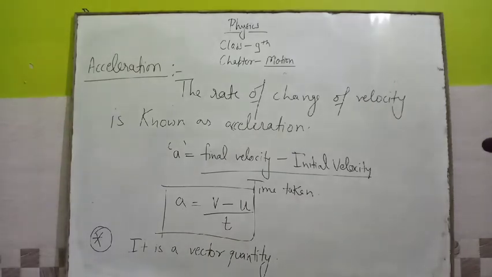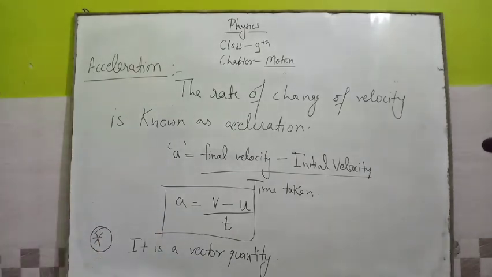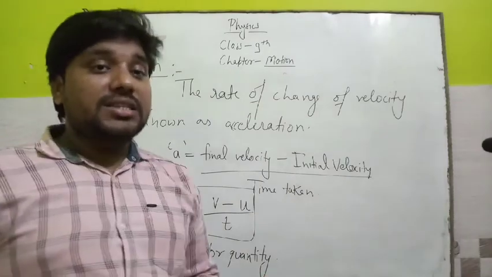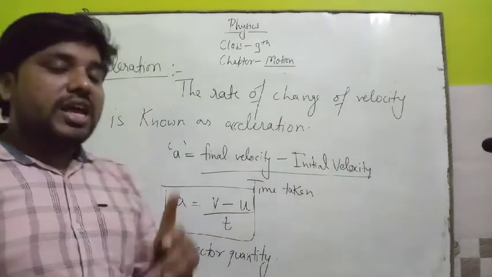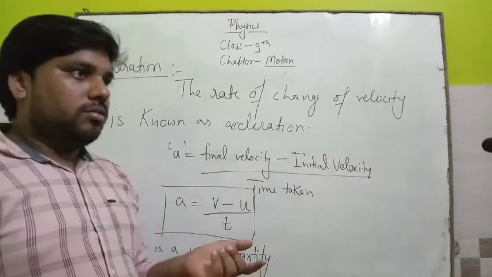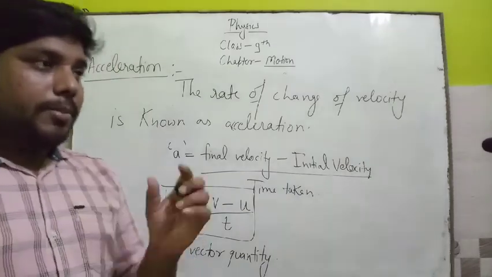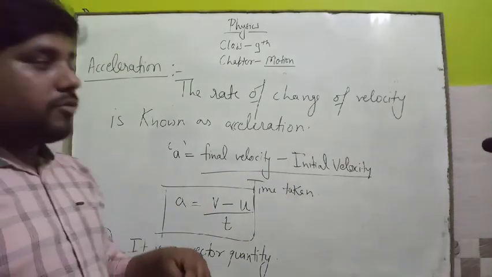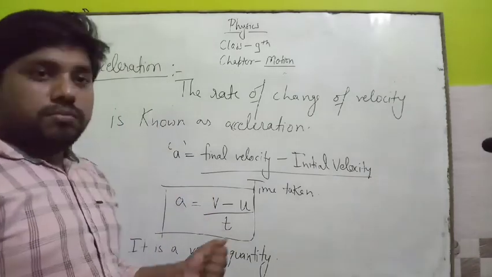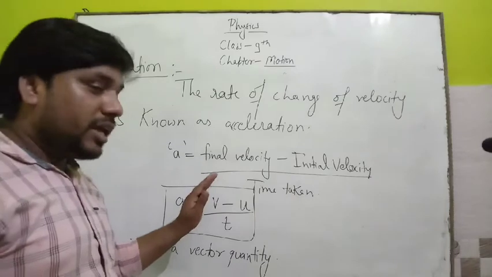Now after that, one thing arises: what is the SI unit of acceleration? I always told you, if you want to learn the SI unit of a physical quantity, you can learn it, but you should also know how you can find the unit of any physical quantity with the help of its formula.